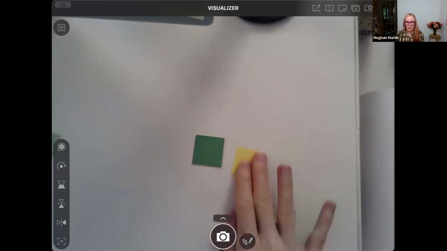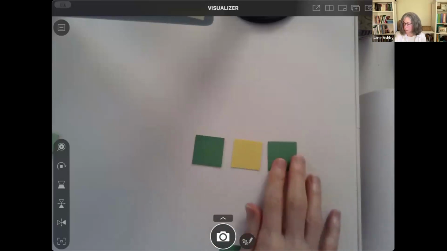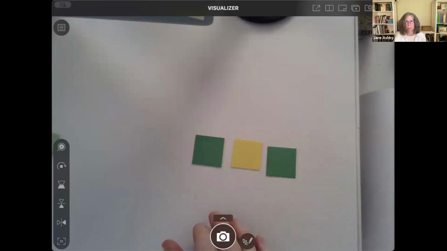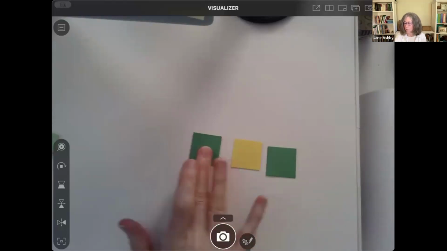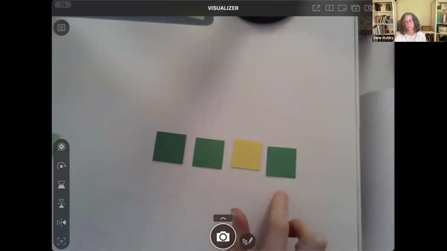Say spot. Spot. Segment. So let's say the word spot again, and I want you to feel that second sound as you say it. Spot.